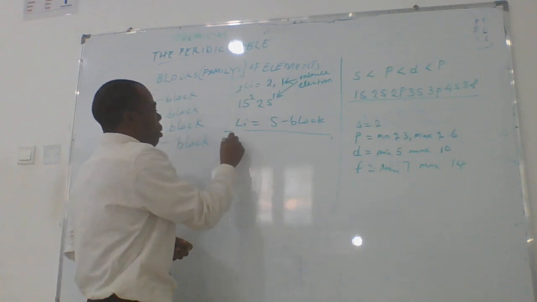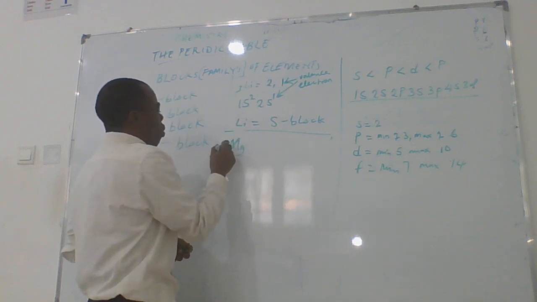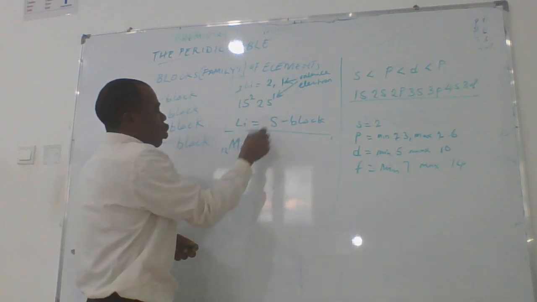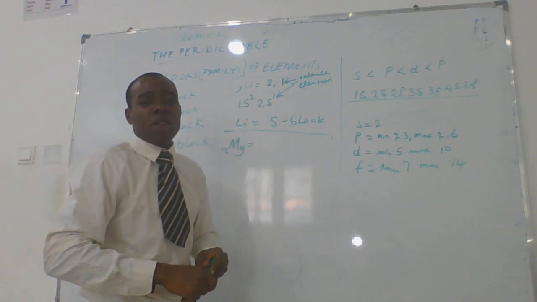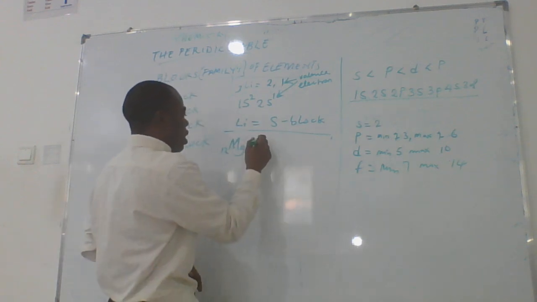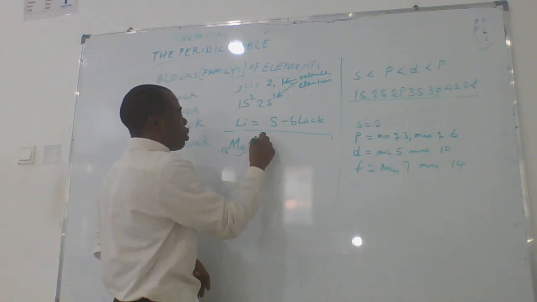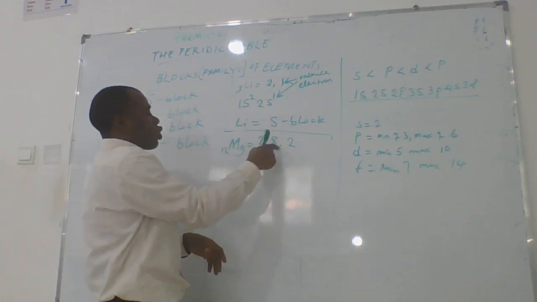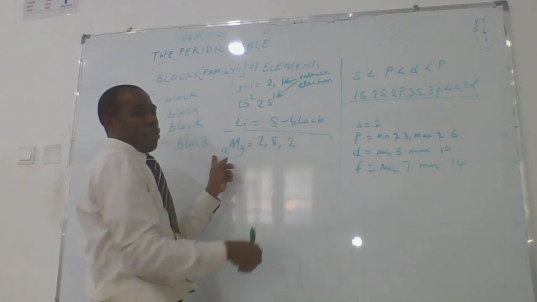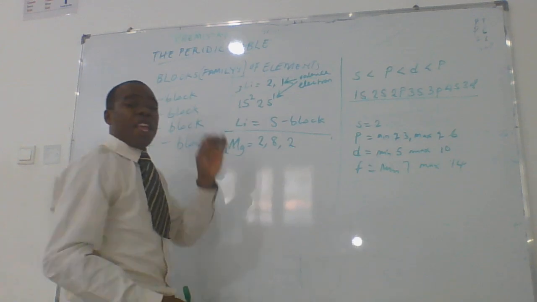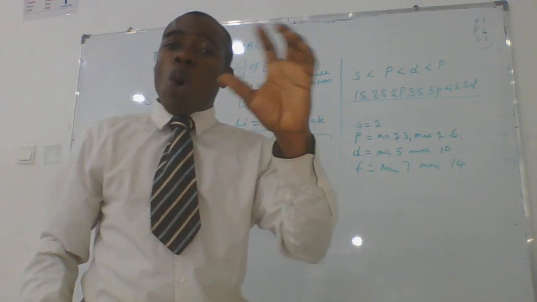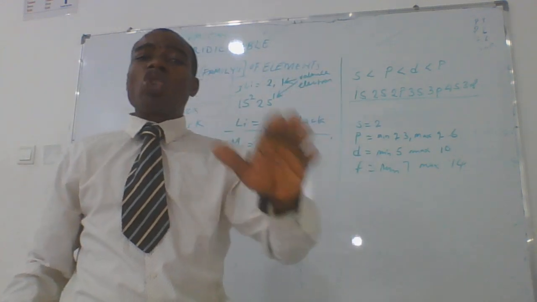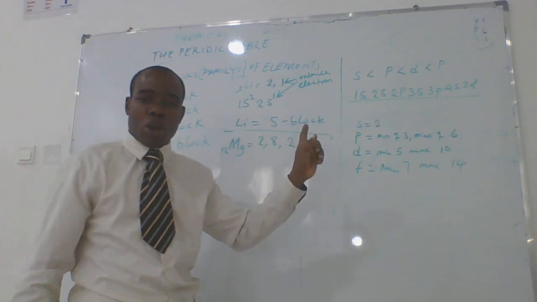Let's say magnesium, which is number 12. If I write it using my energy levels, it is 2, 8, 2, which is 2 plus 8 plus 2, that's 12.